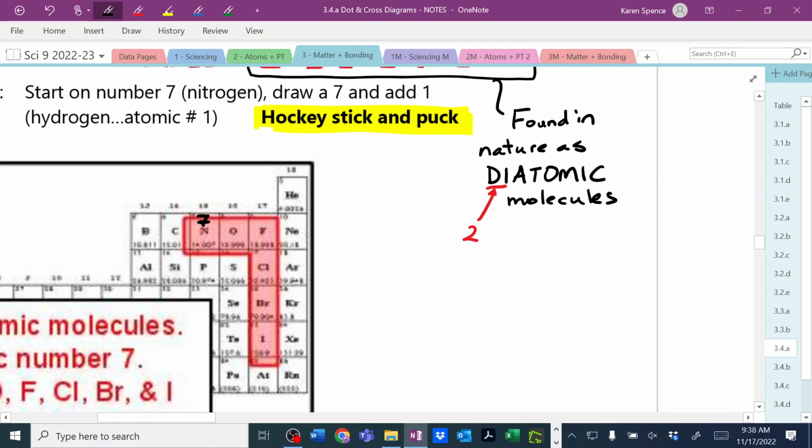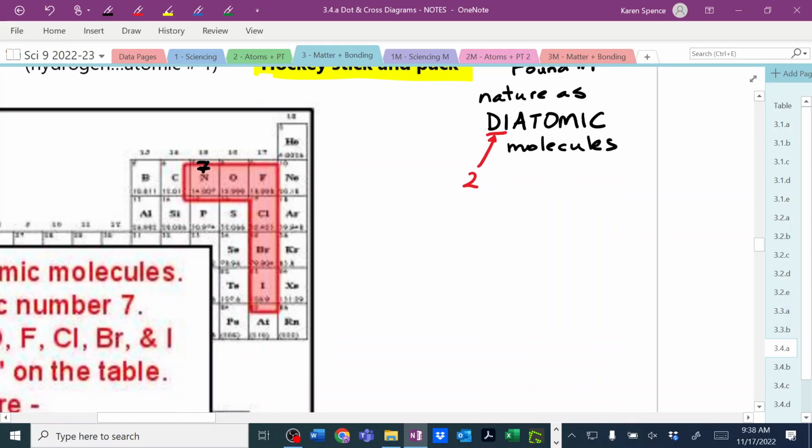So you're going to start on element number 7, and you are going to draw a 7. Ooh, look at that. But if you count them up, if you have drawn that 7 and you count them up, there's only 1, 2, 3, 4, 5, 6. So that's your hockey stick.